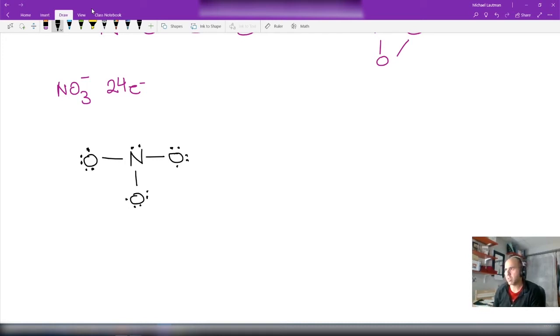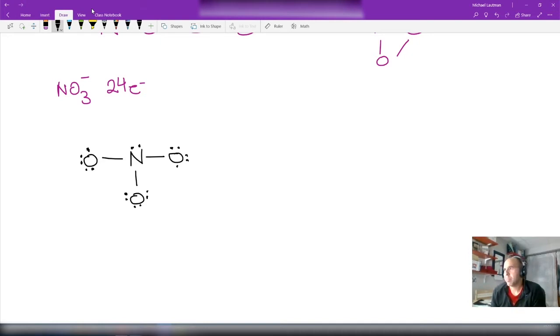But each of these oxygens has 1, 2, 3, 4, 5, 6, 7. Each of them has room for one more electron. So I'm going to put that here. So that works out. I've got all of my electrons.